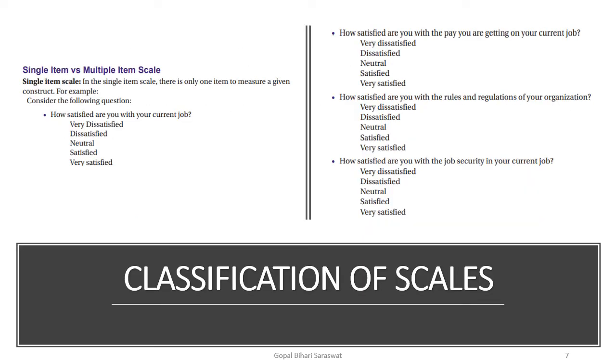Classification of attitude scales. The first is single item versus multiple item. The difference is that in a single item scale, we rely upon a single question with an individual scale.